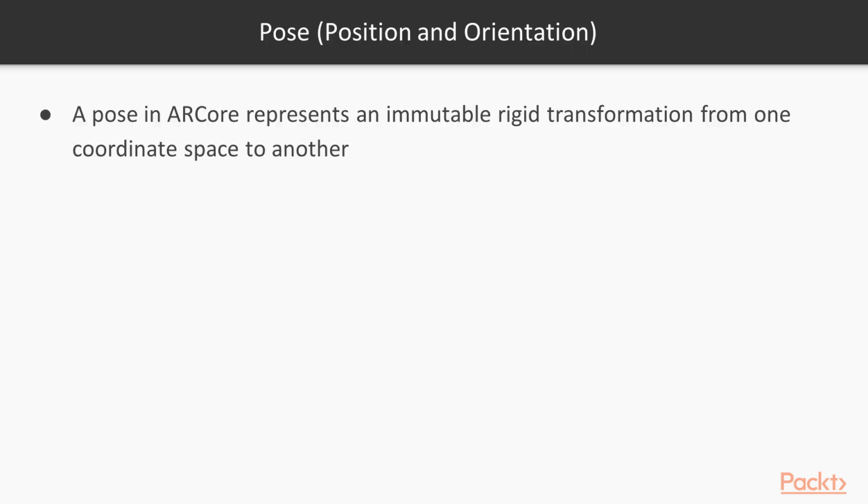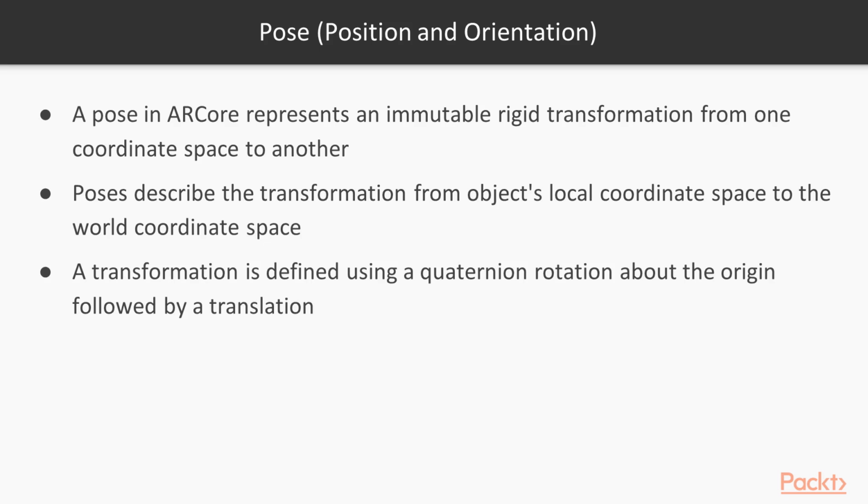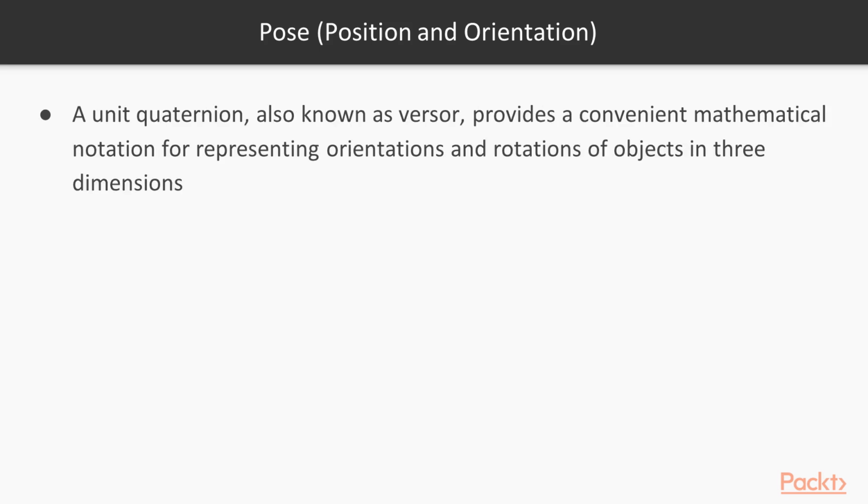So pose, which is position and orientation in ARCore, represents an immutable rigid transformation from one coordinate space to another. Pose describes the transformation from object local coordinate space to the world coordinate space. And for those who don't have experience with 3D or game programming or 3D image modeling, to explain some of these terms, a transformation is basically defined using a quaternion rotation about the origin followed by a translation.